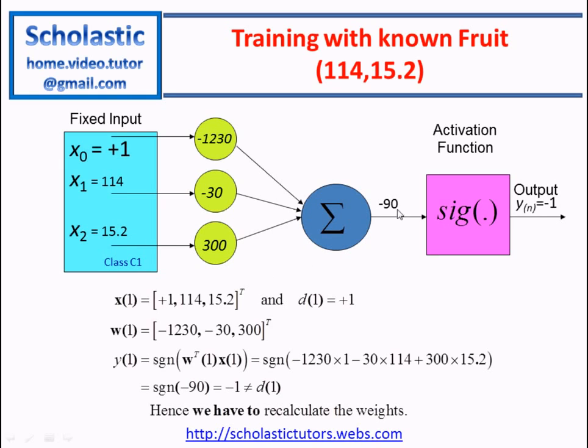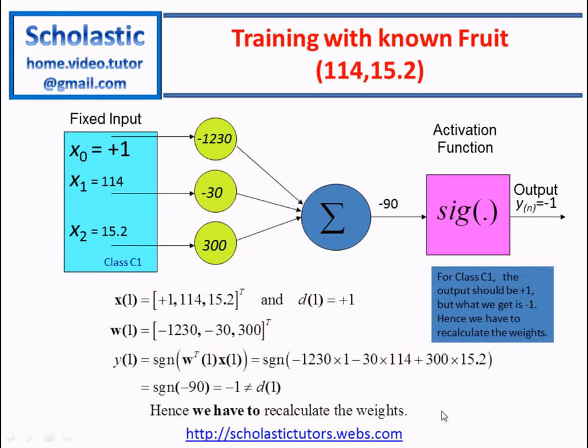The desired output for class C1 is plus 1, so to get that we should have a positive here. That means we have a problem, and we have to retrain and recalculate the weights. For class C1 the output should be plus 1, but what we got here is minus 1.